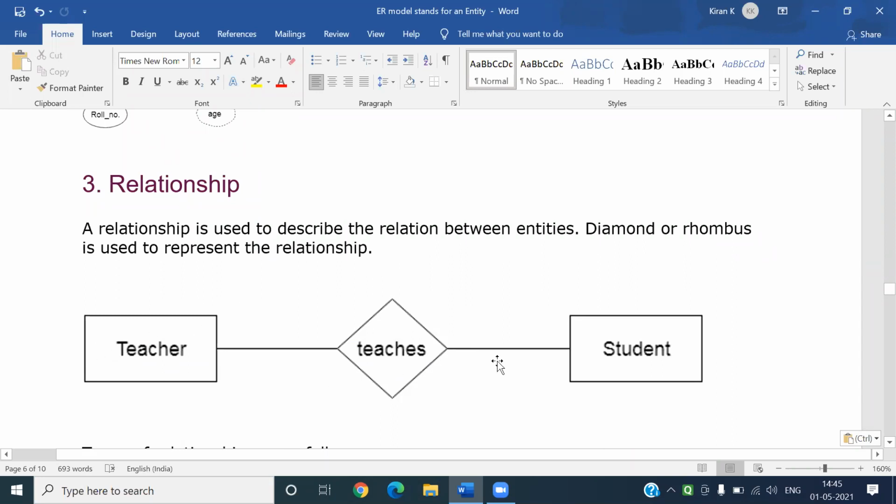Teacher teaches student. See, teacher is an entity, student is an entity, teaches is the relationship.